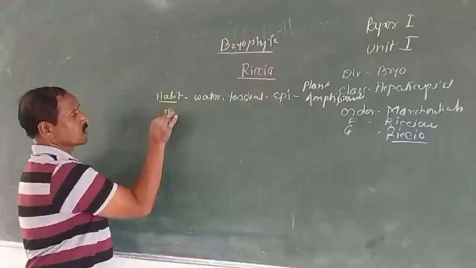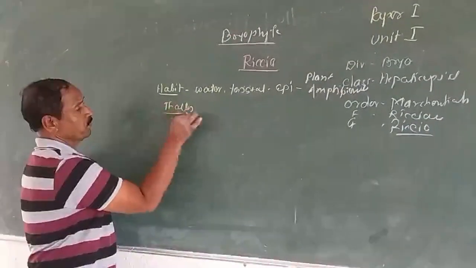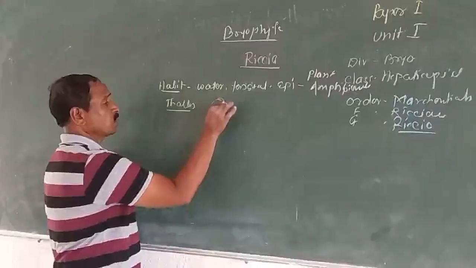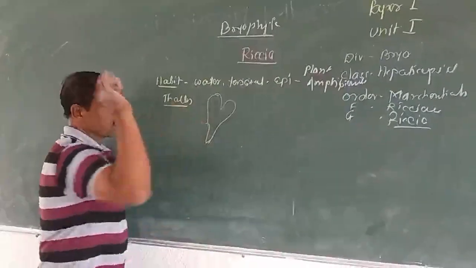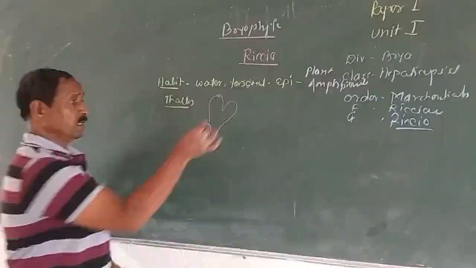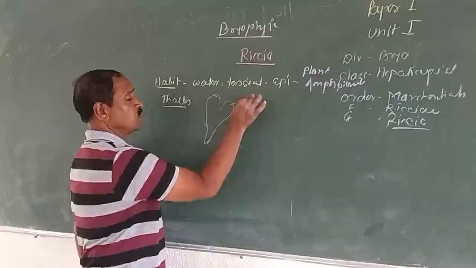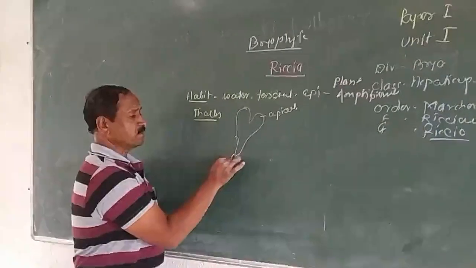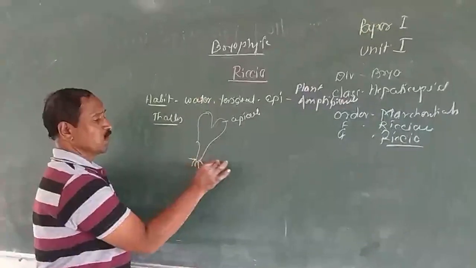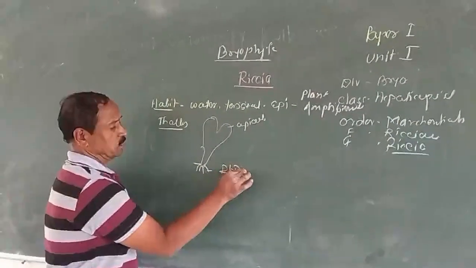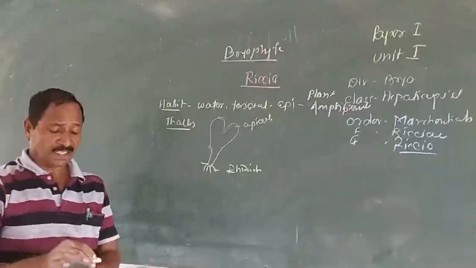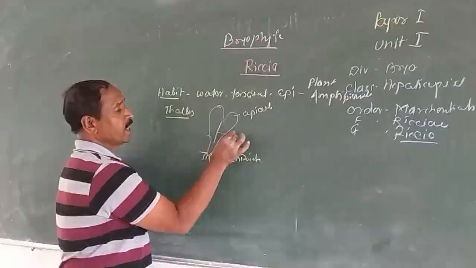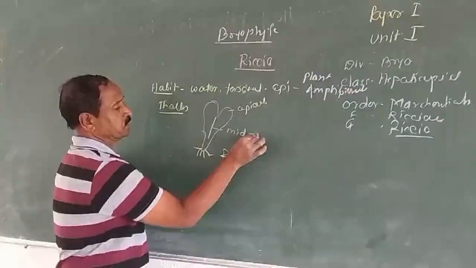Then the thallus structure. In thallus structure, the Riccia shows a dichotomously branched structure. Here it is presence of apical notch or apical portion. At the base there is presence of rhizoids, and at the center there is a groove which is called as midrib.